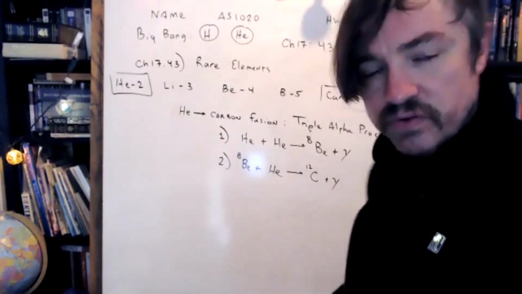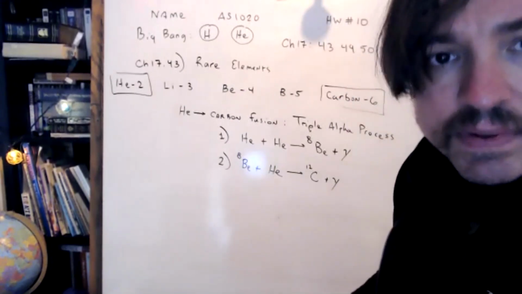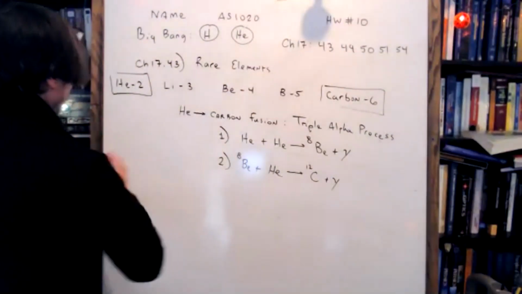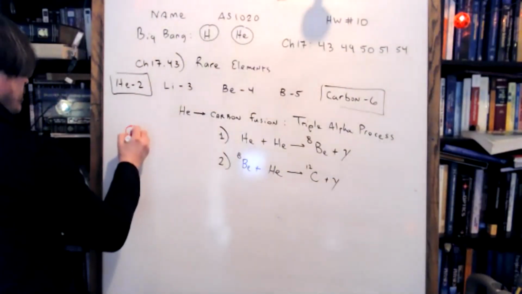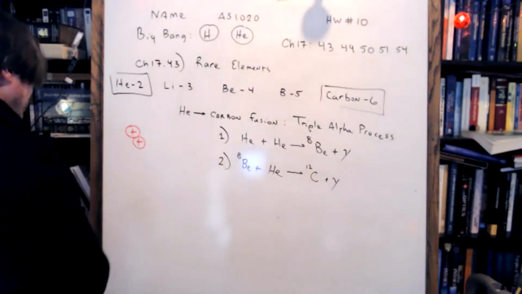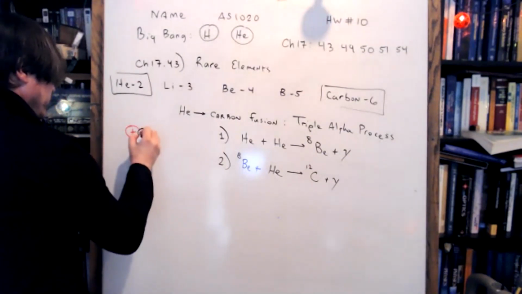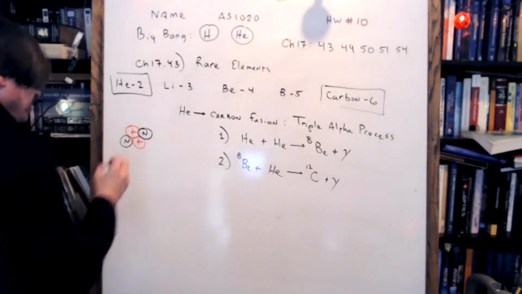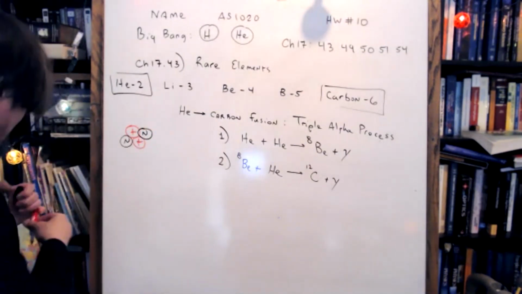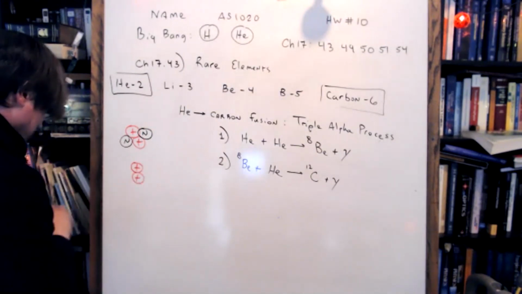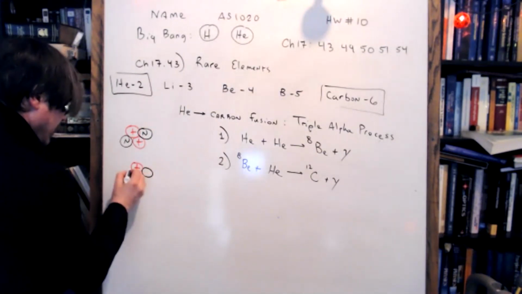So maybe what we need to do is draw out a couple of helium nuclei. All right. So let's draw two helium nuclei. We got two protons shown in red. We got two neutrons shown in black. And now we're going to draw another helium nucleus.